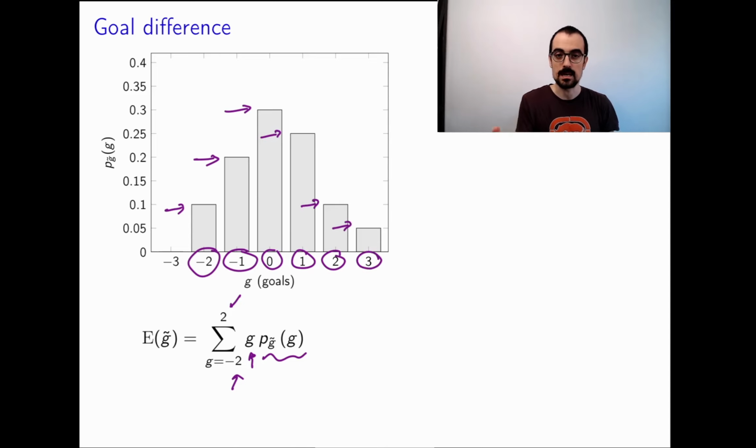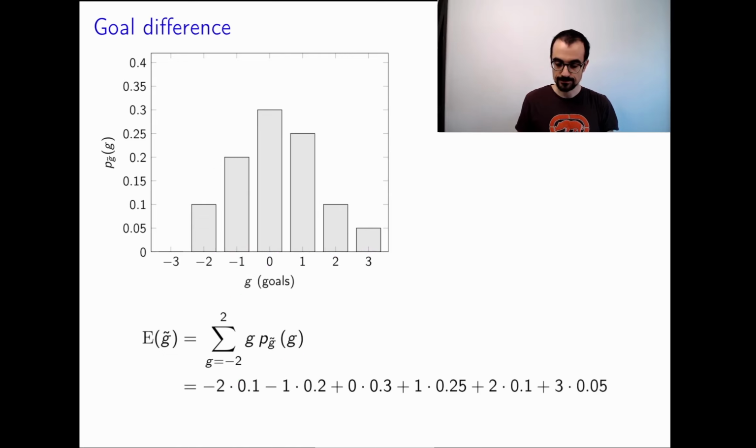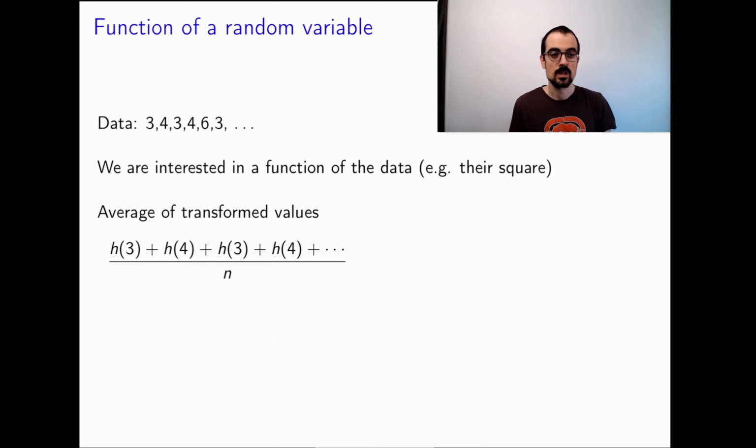And we're going to add up all those values. This is exactly what I just said, if I don't make any stupid mistake, which I often do. And then boom, the mean or expected goal difference is 0.2 in this case.